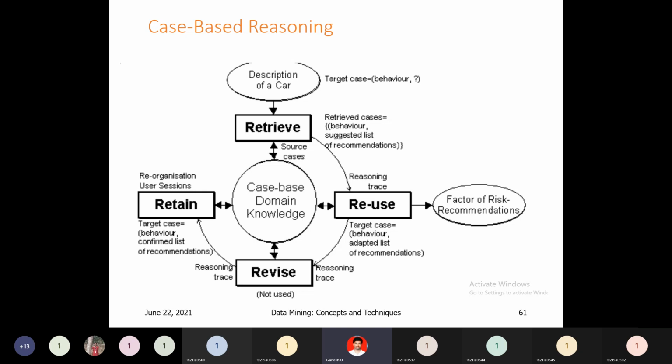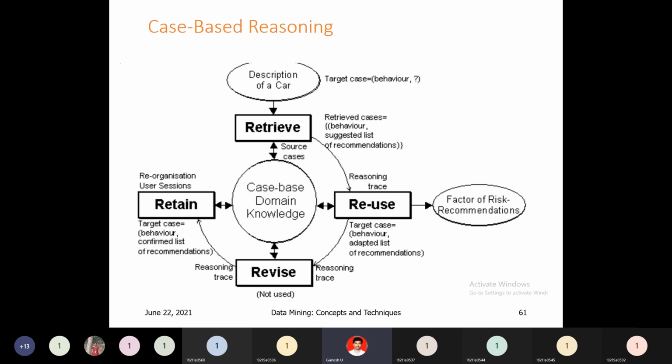We take all the values, apply them to this model, and find out which class the data elements belong to. That is case based reasoning.